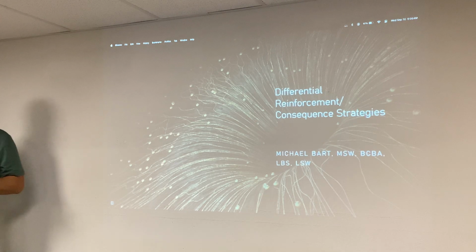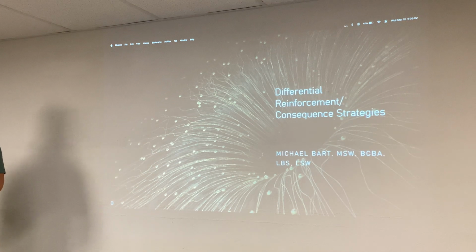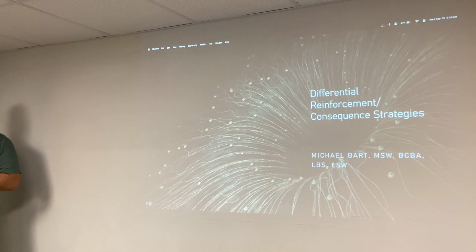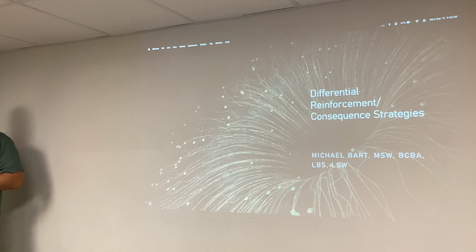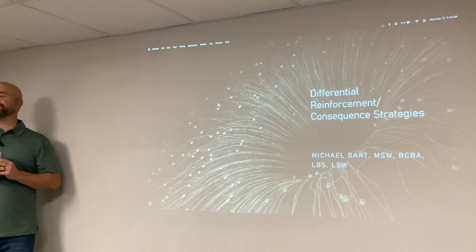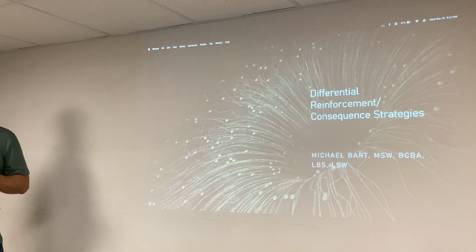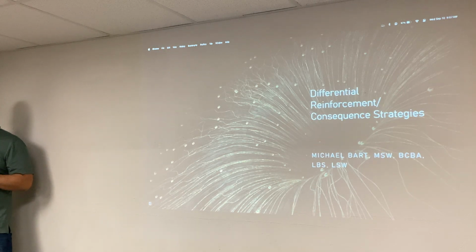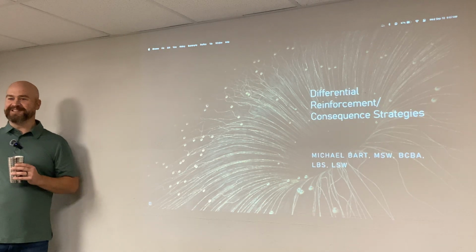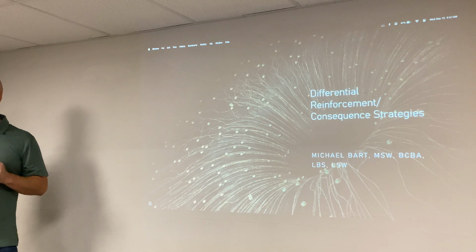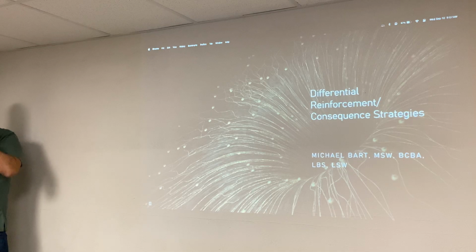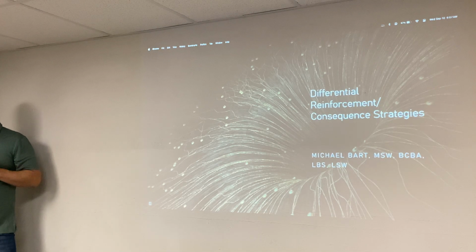And we have consequence strategies. So when should these strategies typically occur? After what? A behavior. After a behavior. So these are strategies we use after behaviors occur, right? That's where we're pinpointing. So in your behavior support plan, these are the strategies that should belong in the what section?